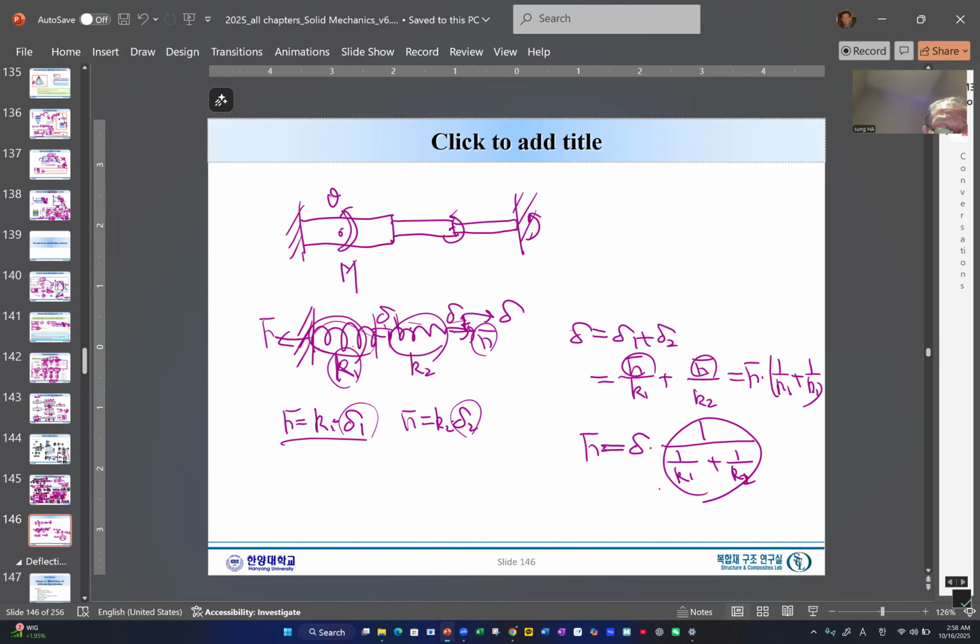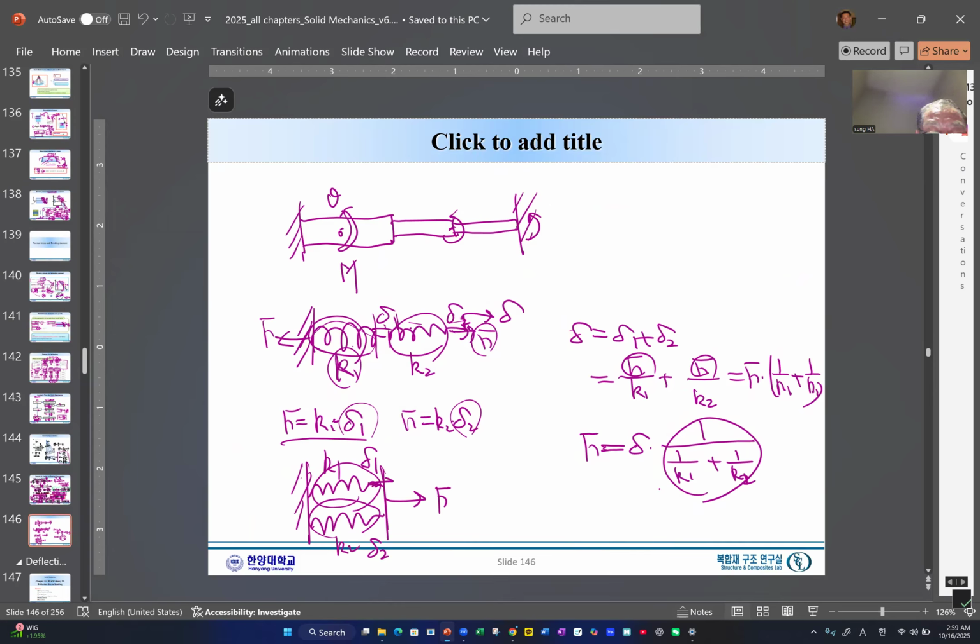And the same for the spring in parallel. Like this, one spring and another spring, you apply the F. This one is K1 and K2, and this one will deform, I would say, delta 1, and this one will be delta 2.